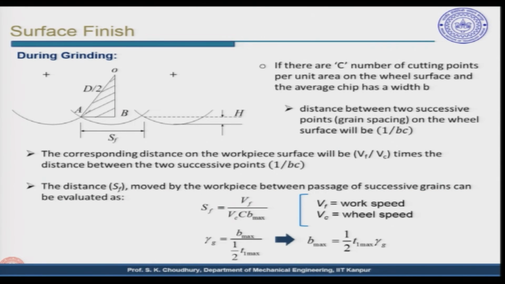Let us see what happens in case of grinding. This is a schematic diagram of the path that the grinding wheel is going through. As the feed is given, that is the Vf is given, let us say this is the grinding wheel. Okay.